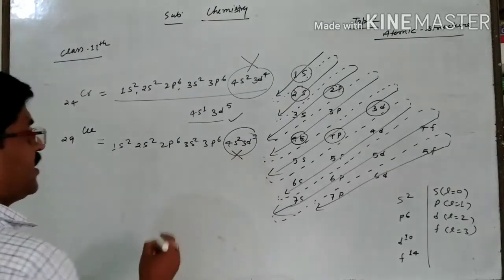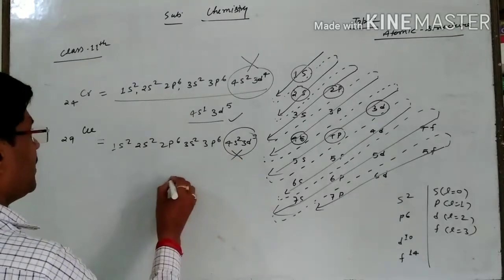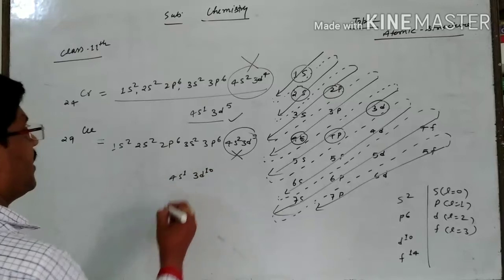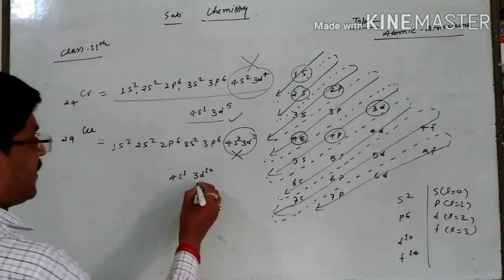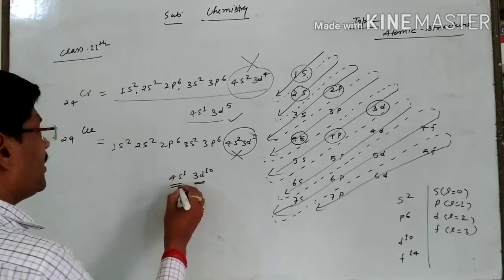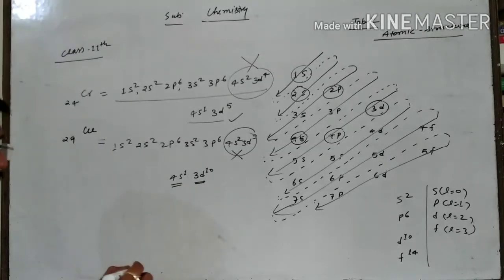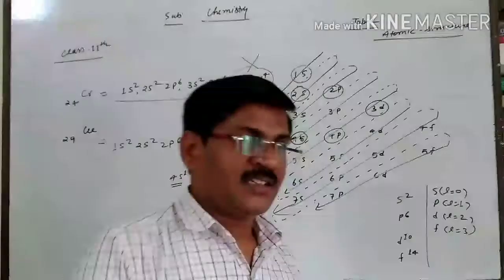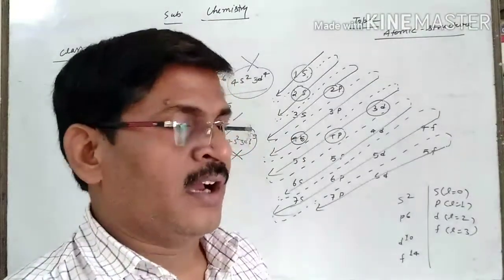But this one is also incorrect. In place of this it will be 4s1, 3d10. As you see, this one is fully filled, which means it becomes stable, and this one is half filled, which means it also becomes stable. So for being more stable, this type of configuration is present in this type of element.